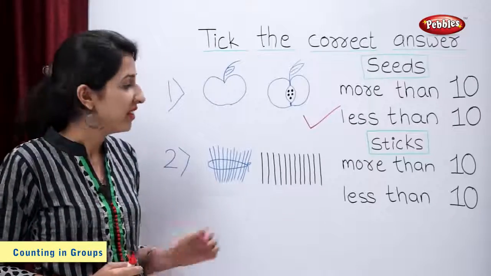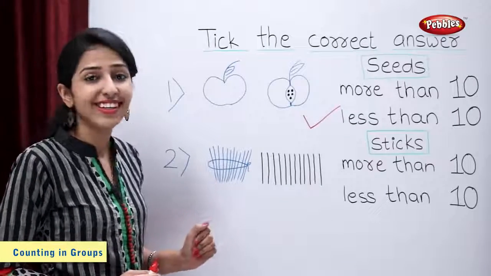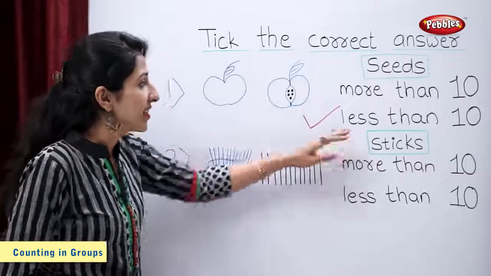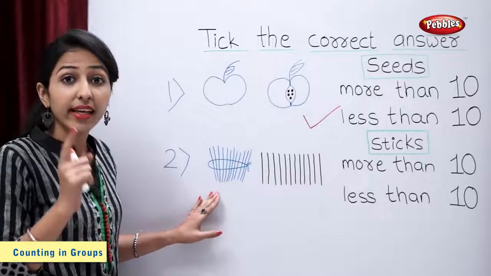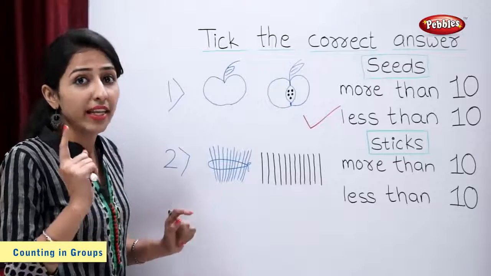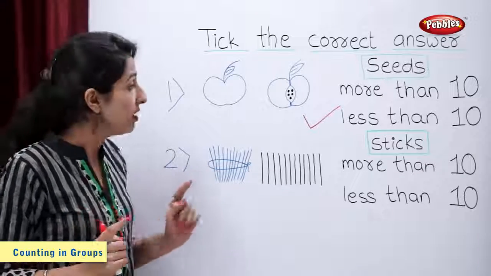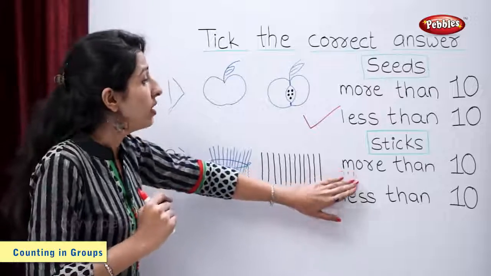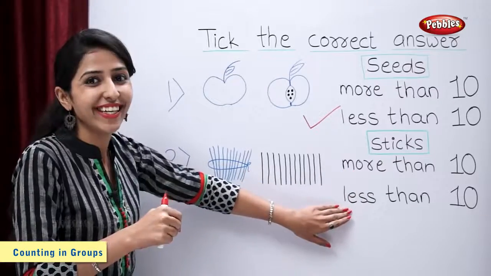Now let us solve this example. Sticks. This is a bundle of sticks. Let us find out whether they are more than 10 or less than 10.